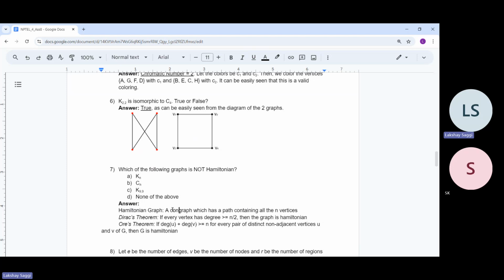Even if we don't write connected graph, the definition still goes through: graphs which have more than one component will never be Hamiltonian.